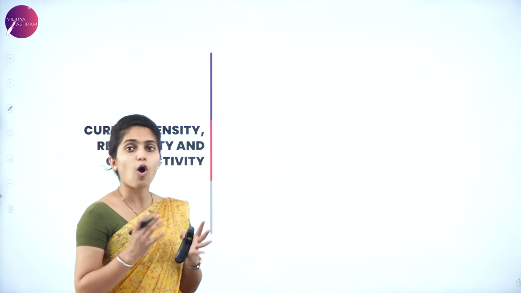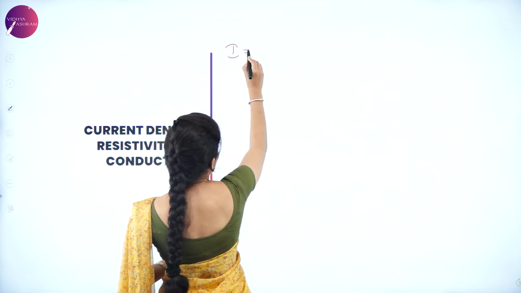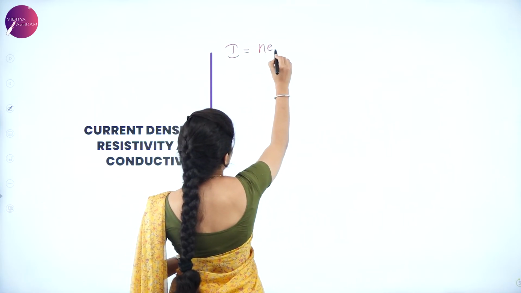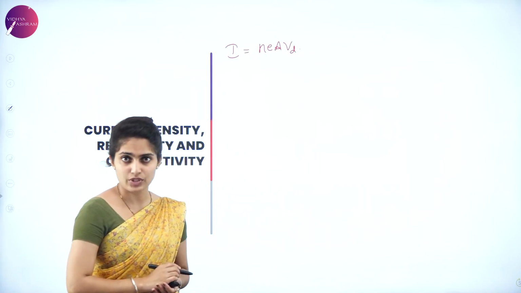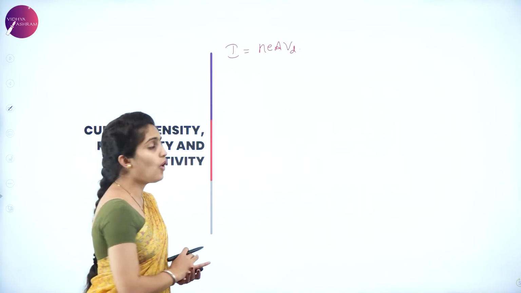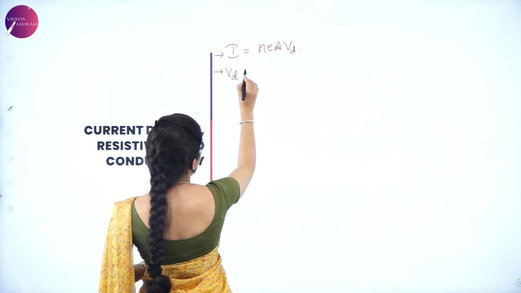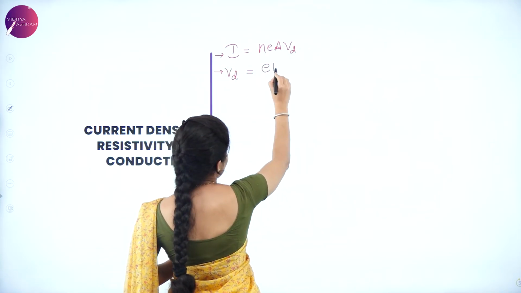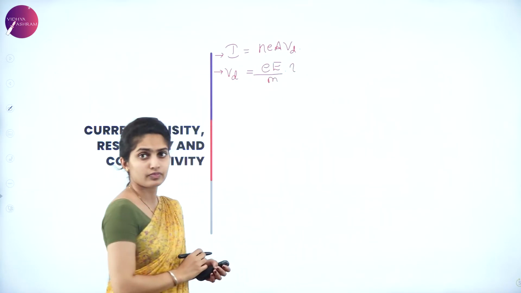We are relating all three together. So how do we do that? We have the current relation given as I is equal to NEAVD. That is the previous equation. And we also have the drift velocity given as VD equal to E divided by M into tau.